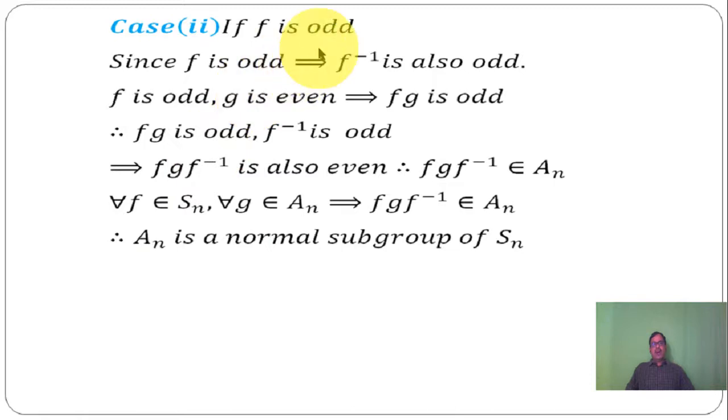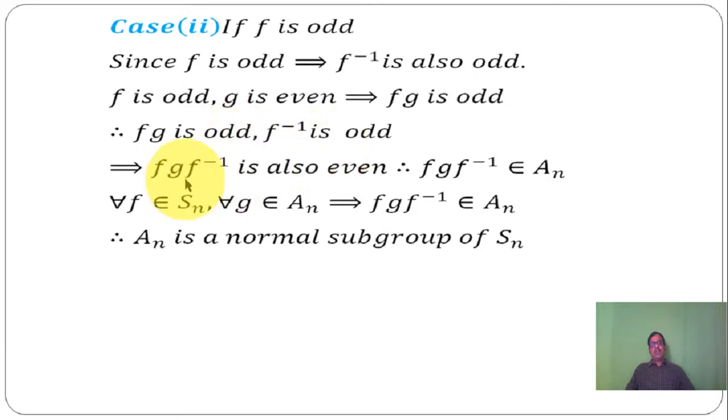Second case, if F is odd. Since F is odd, the inverse of an odd permutation is also odd, so F inverse is also odd. F is odd, G is even. The product of odd and even is odd, so FG is odd. FG is odd and F inverse is odd, so the product of odd and odd is an even permutation.